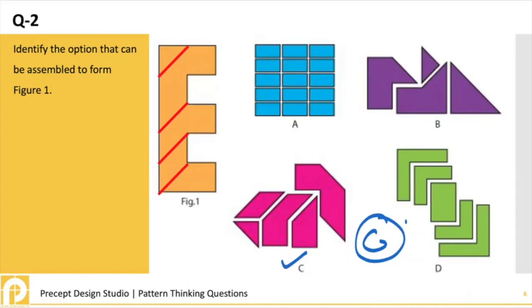Options A and D did force you to think, what if there are more options correct? Because both A and D look fine. But instead of roaming around and looking at all the parts together, clarity actually came when you started breaking the whole figure 1 into individual parts. We started with the first option, then we moved to the next, which obviously looked wrong. Then we moved to option D, which looked similar to option A, but came out to be wrong.